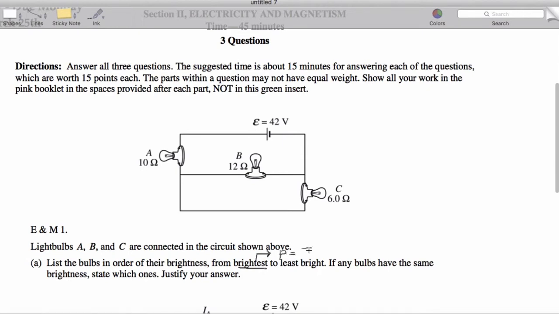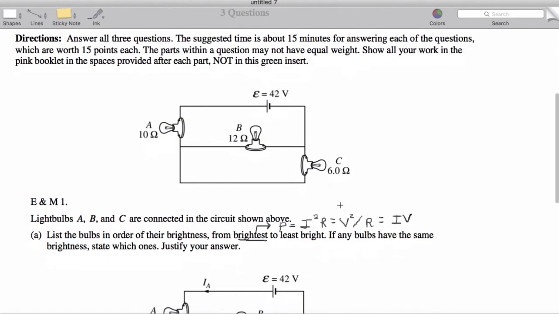And again, that is work over time, but in E&M, that's I squared R, which is V squared over R, which is also I times V. So we need to get the power through each bulb. And to do that, let's talk about the current through each of the bulbs.